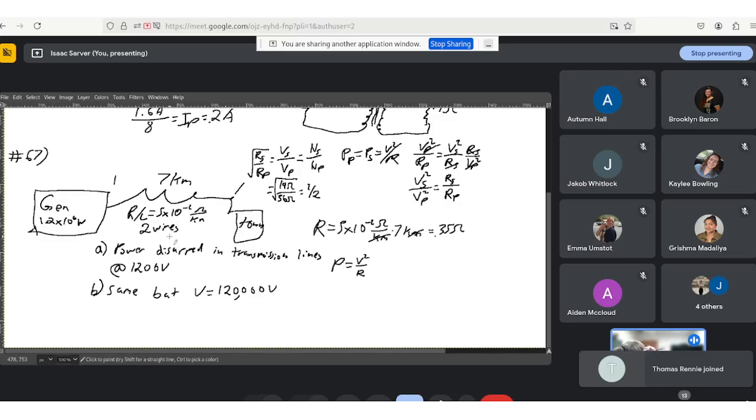Let me check that. Make sure I'm reading this right. Each of the 2 wires that comprise the transmission line. Well, I suppose that's for going out and coming back. So I suppose we have to multiply it by 2. We go out and we come back. All right, fine. So that'll be 0.7 ohms. So V squared on R.